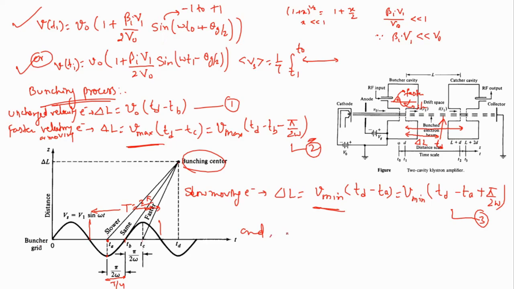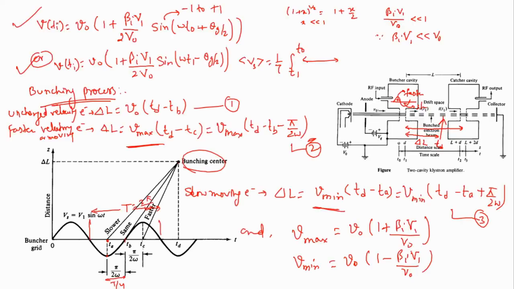The maximum velocity Vmax will be V0 into 1 plus beta I V1 divided by V0, and the minimum velocity will be V0 into 1 minus beta I V1 divided by V0. So I will substitute this Vmax and Vmin into equation number 2 and equation number 3.